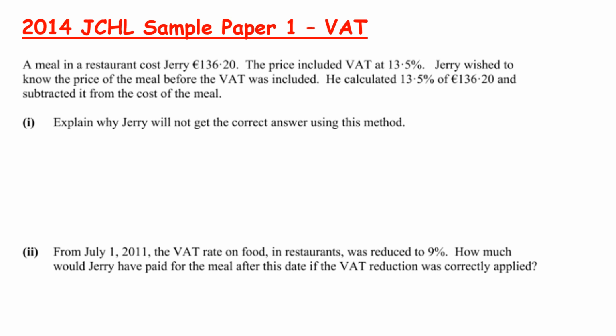So the issue here is he's done exactly what I said that common error was. He has started, let's draw this out, with 136.20 and found the percentage of VAT, which is incorrect. So remember, we have price before VAT, that's the small amount.